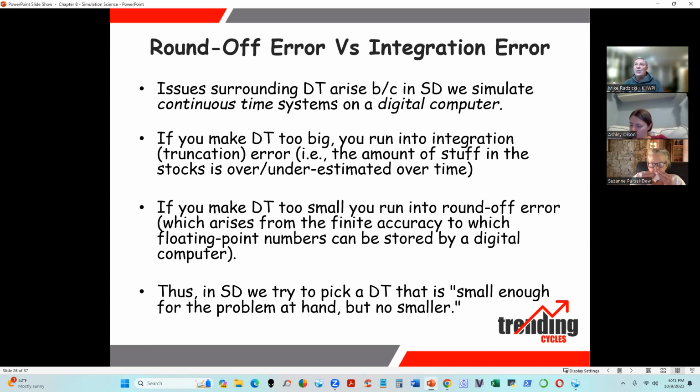The simplest thing is to run it with whatever DT you have, then cut DT in half and run it again and see if it makes a difference. If you get a very different behavior, then you have a lot of integration error. If you get oscillations or a lot of sharp points, that tends to be a sign of integration error.